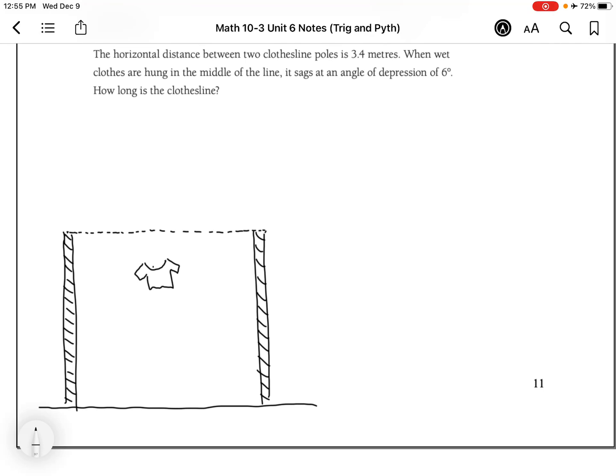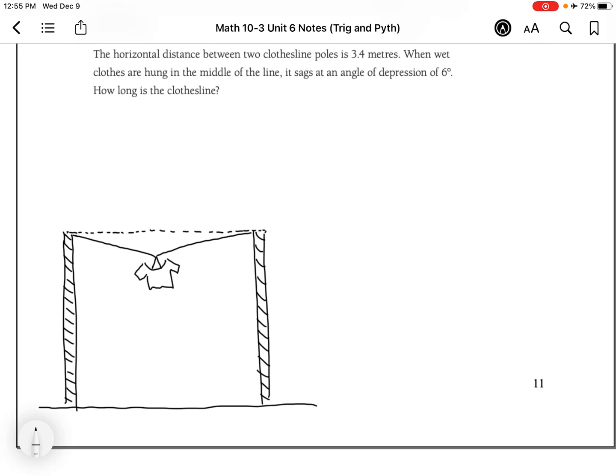And here's a little clothespin. We're going to pretend it's right in the middle. Then what happens is that the line sags a little bit. I know my drawing isn't very good, but we're going to say that this is right in the middle of the line. Okay, so this is a picture of what's going on.